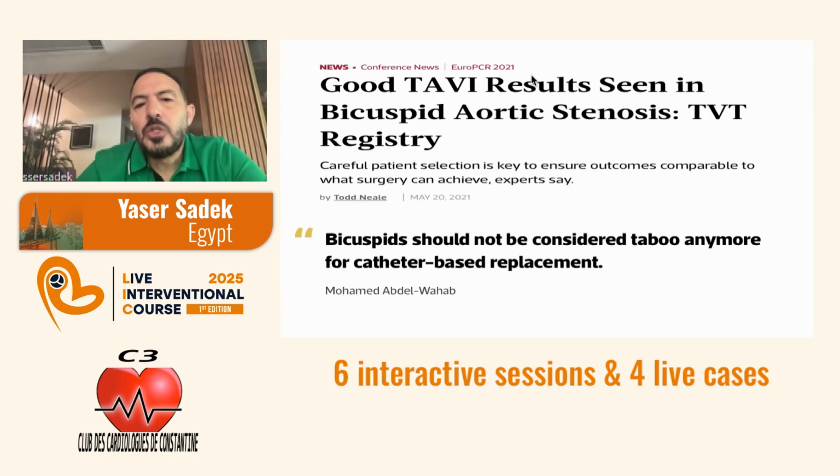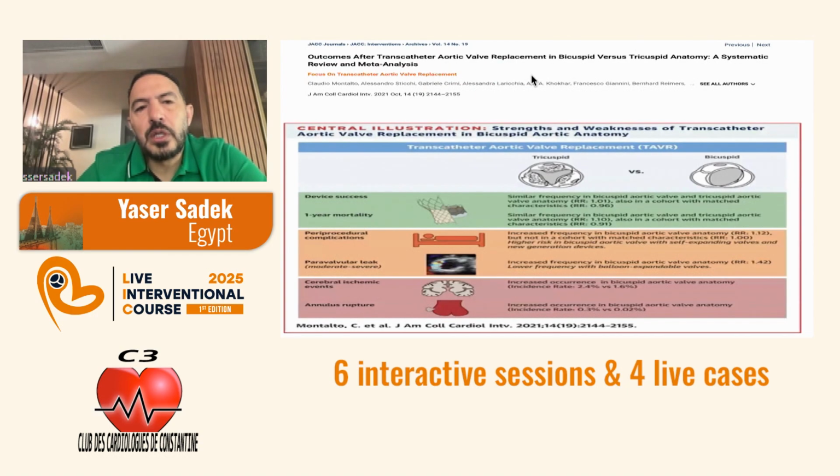Bicuspid should not be considered taboo anymore for catheter-based replacement. I mean, we have to deal with the bicuspid aortic valve when we need TAVR, with the proper platform and with the proper preparation.